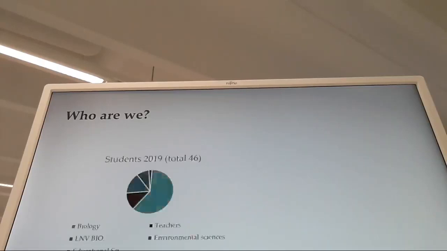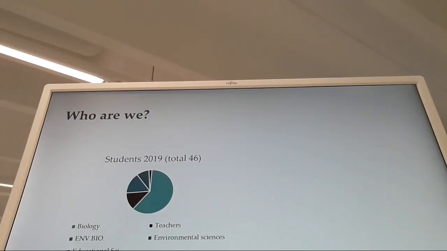Okay, then I have the pre-test for you, and about half of the students answered. Well, it doesn't matter so much, but it's still okay. The majority of us are Finnish biology students. Then we have these visitors from environmental biology.